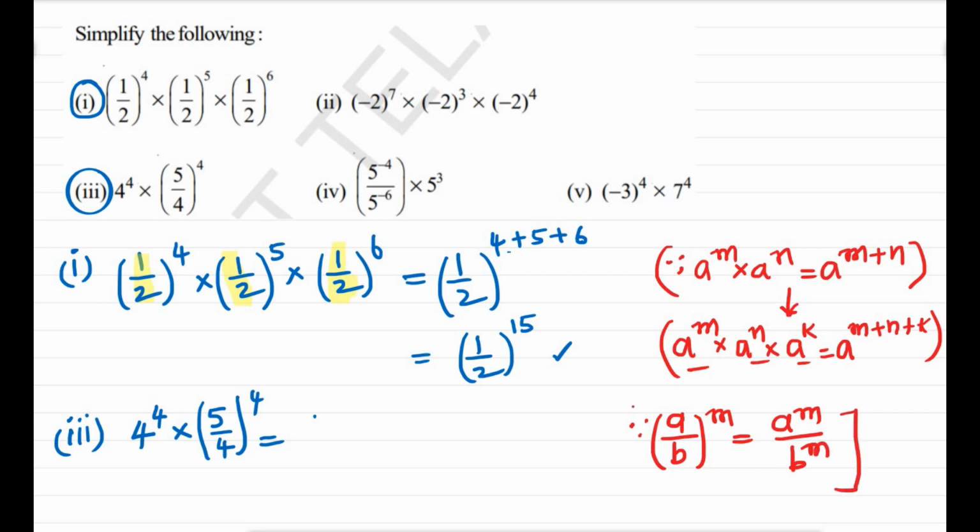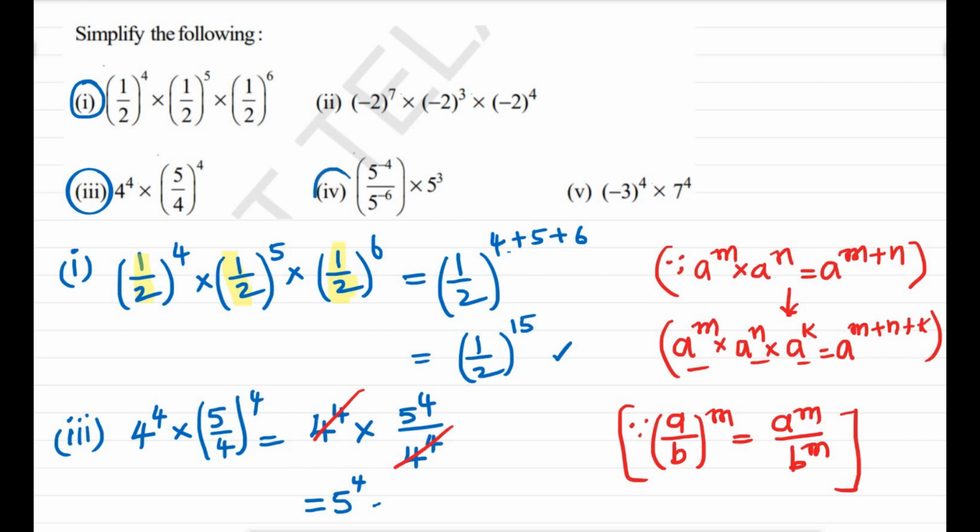I'll use this to simplify. That can be written as 4 to the power of 4 into 5 to the power of 4 by 4 to the power of 4. Clearly 4 to the power of 4 and 4 to the power of 4 will get cancelled. What remains is 5 to the power of 4. This is the answer. Understand, students?